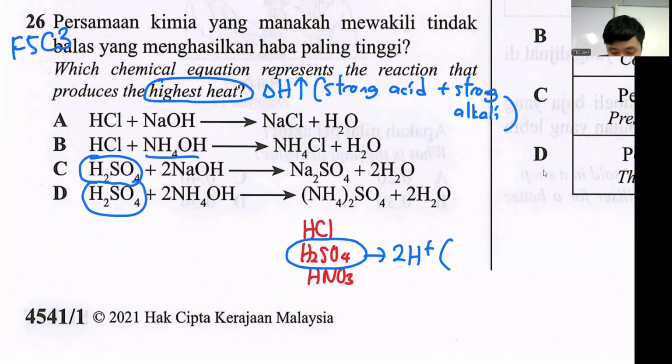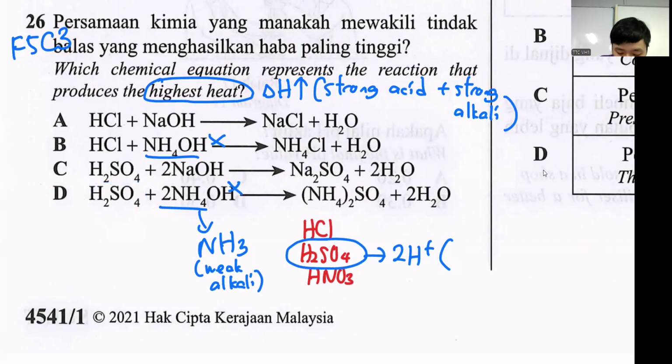But normally ammonium is the weaker one. This side, B, ammonium hydroxide, which is ammonia, right? Ammonia is a weak alkali. So it cannot be B. So it cannot be A and C, right?